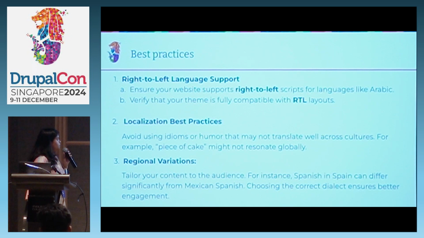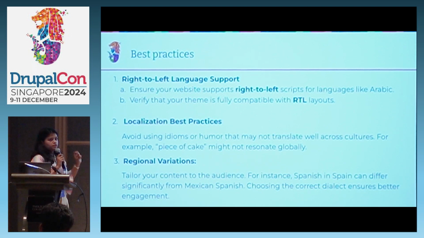Then the second would be localization best practices. So as I said, just translating the content is not important. It's about making sure that the content makes sense to the user when they read it in their own language. So we should find meaning while translating. I've just put a small example like piece of cake. Does it resonate globally?